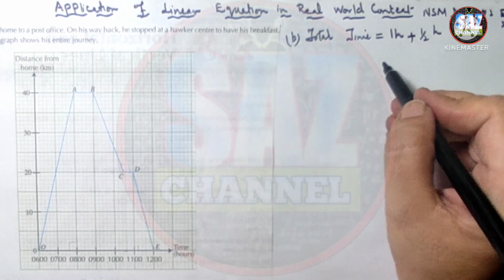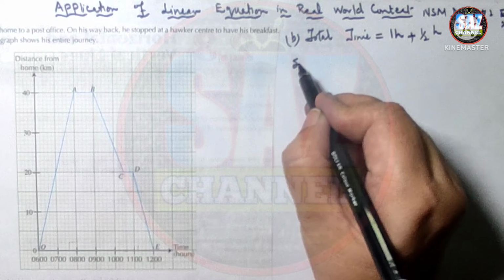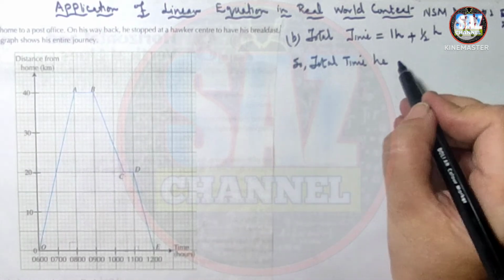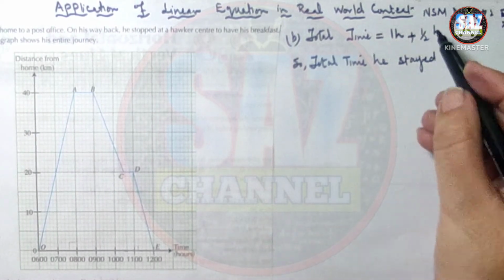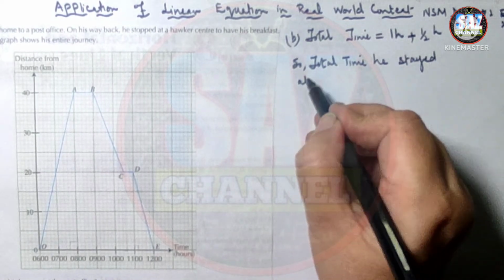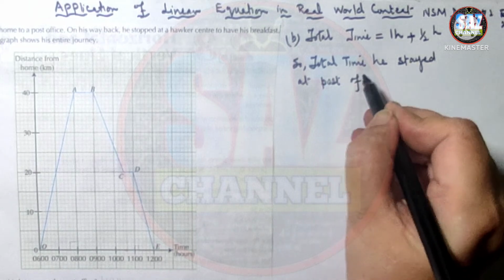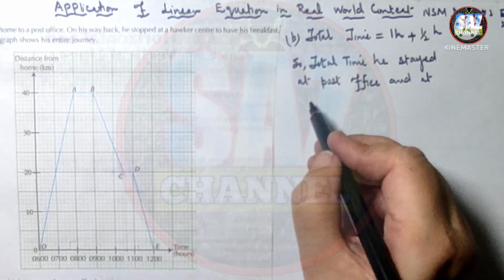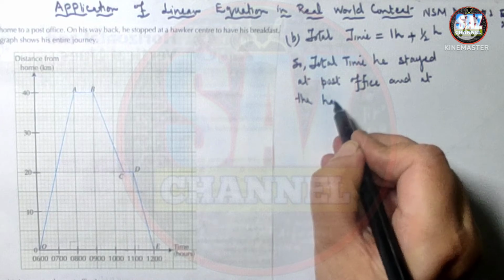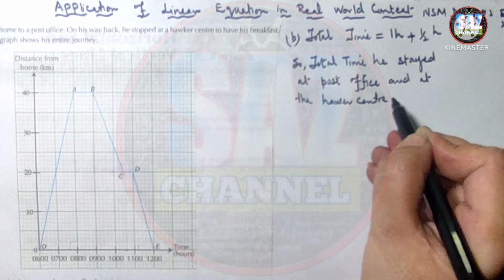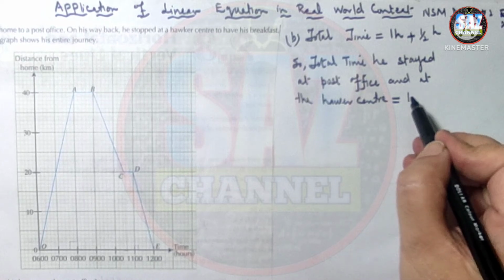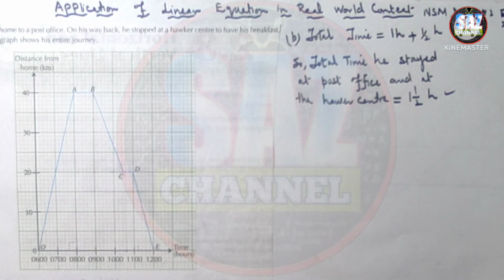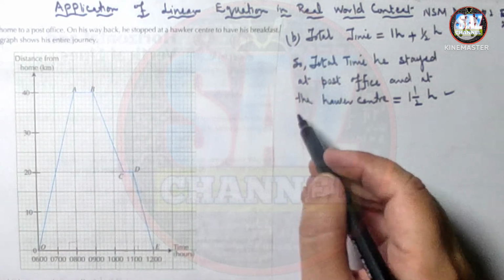So the total time he stayed at the post office and at the hawker center equals 1 1/2 hours.